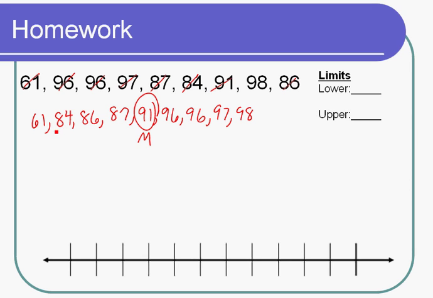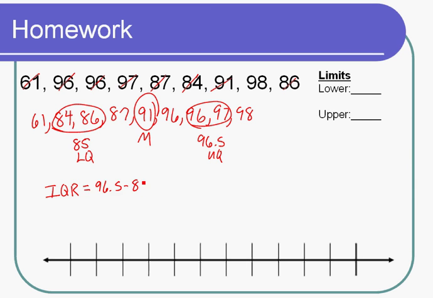Now I'm going to find my interquartile range by taking the upper quartile minus the lower quartile. Get my product by taking the interquartile range times 1.5.